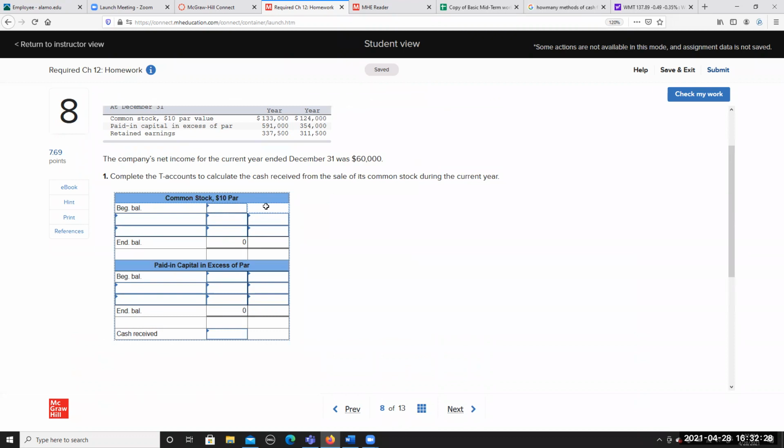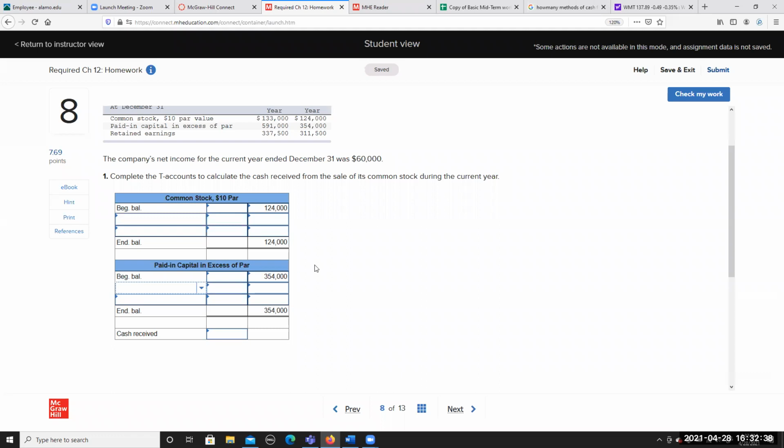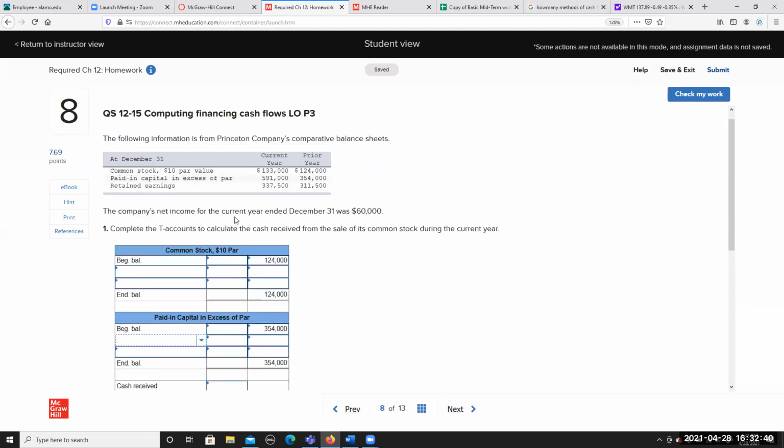Beginning balance of common stock and beginning balance of paid-in capital. These are all credit balances. All right, so now let's see what happens. The income for the current year was $60,000. Complete the T accounts to calculate the cash received from the sale of its common stock.